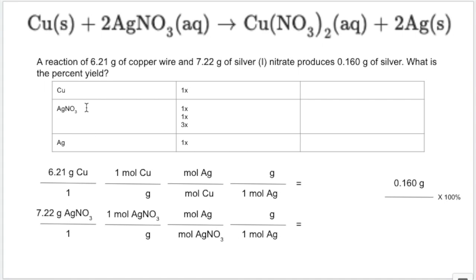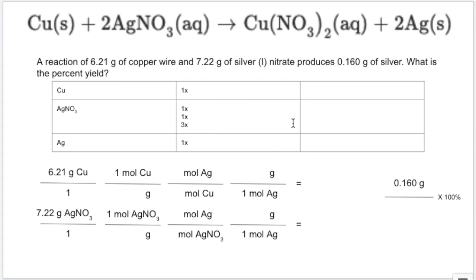For the mass of silver nitrate, we have 1 atom of silver, because there's a subscript of 1, so 1 times the mass of silver, which is 107.87, plus 1 times the mass of nitrogen, 14.007, plus 3 times the mass of oxygen, because there are 3 oxygen atoms in this compound, which is 15.999.